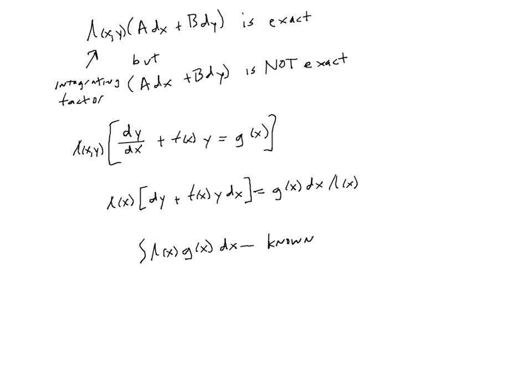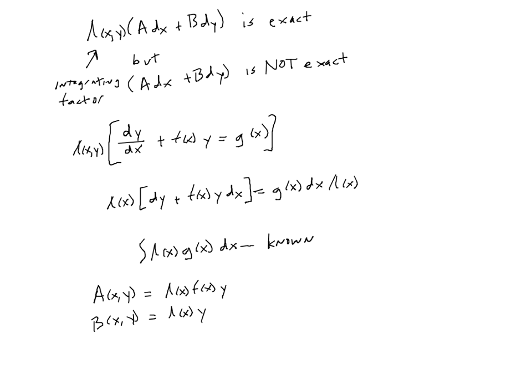And so if we assume that in this case A of x and y is equal to lambda of x f of x y, and B of x and y is just lambda of x, right?